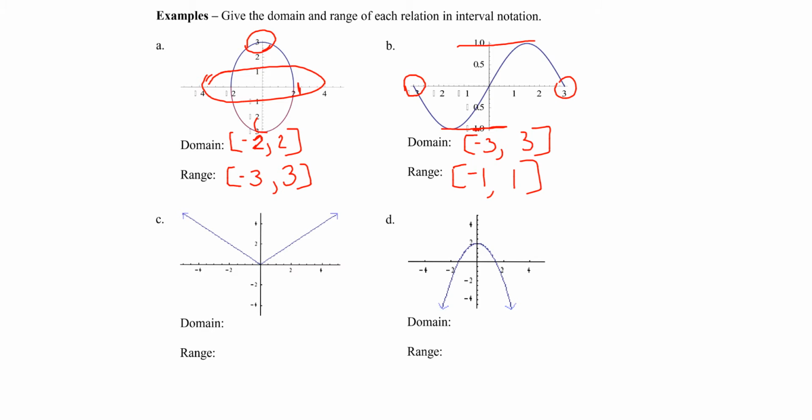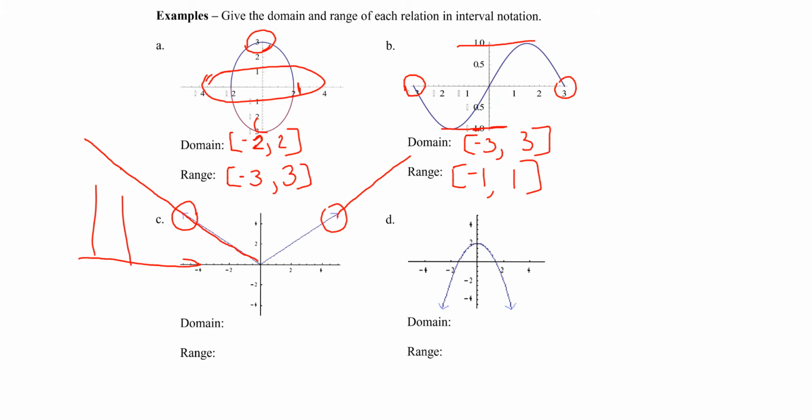All right, C, because they have the arrows on here, this means that this graph is going to continue on forever, going up and out. So when we're looking at our domain, since it's going to keep going out like this, it's going to keep going along that x-axis.